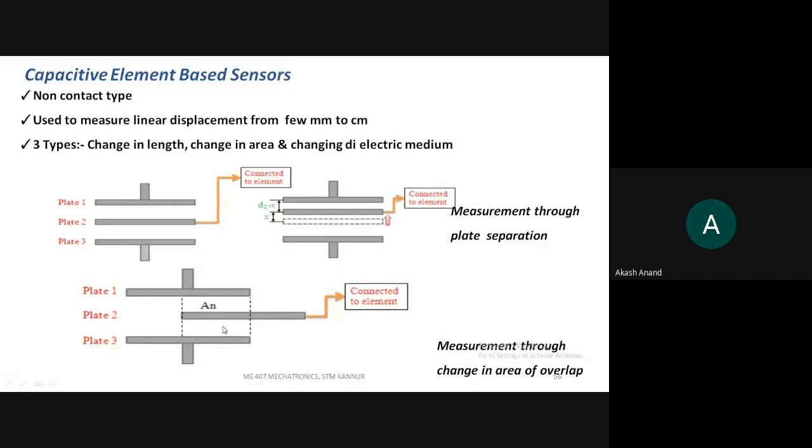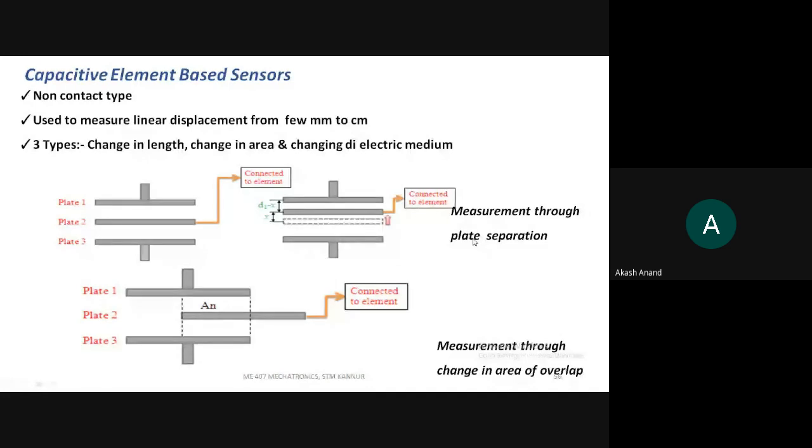So if the area of the plate is changed, that is, when at this end we connect a device and displacement is given, in this direction you get a variation in capacitance, thereby getting a variable impedance, thereby getting a variable voltage. So that is the second method.